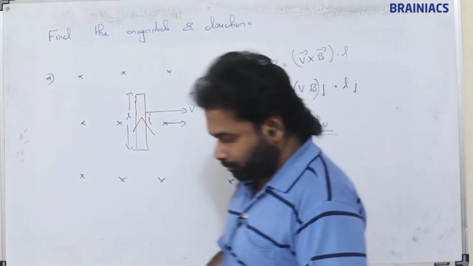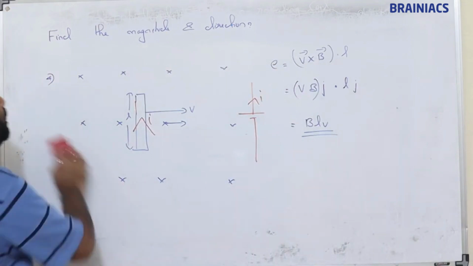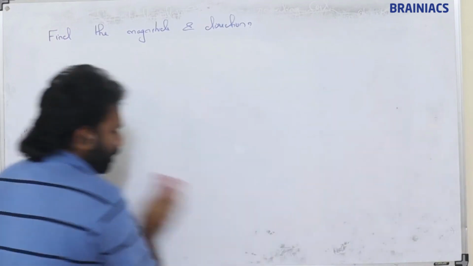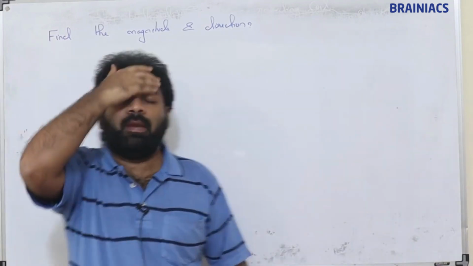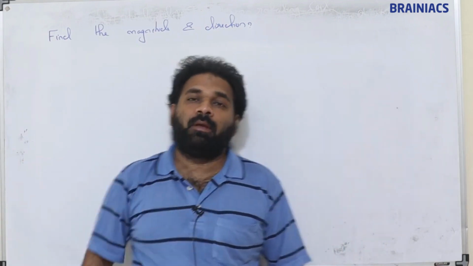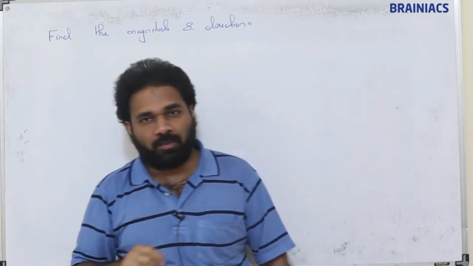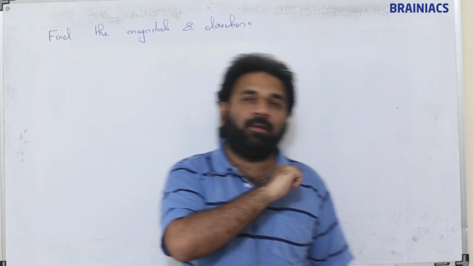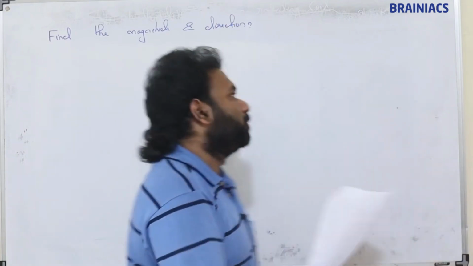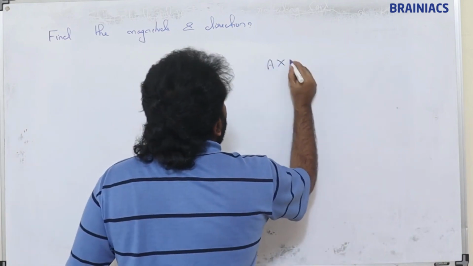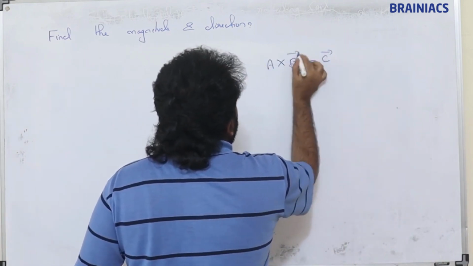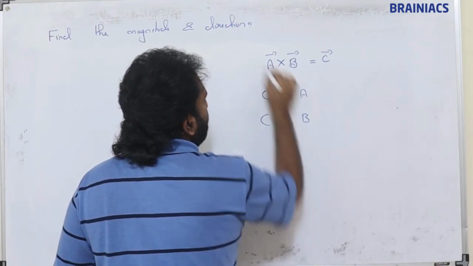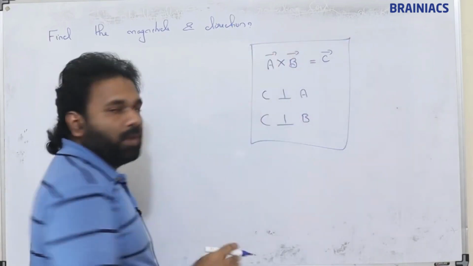Shall we do one more problem? Okay. See children, in vector basics we have seen, if we do a cross product V cross B, the direction of resultant will be perpendicular to V and perpendicular to B also. Suppose if we do A cross B, we are getting C. So C will be perpendicular to A and C will be perpendicular to B. This is a fundamental of cross product.